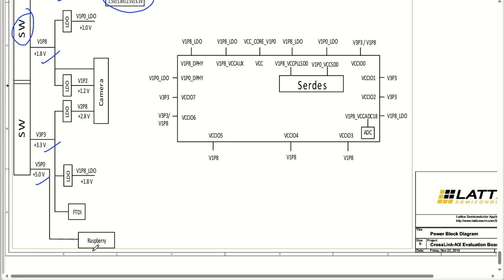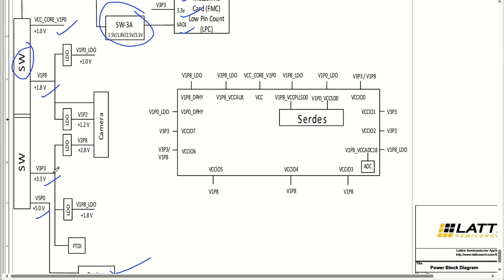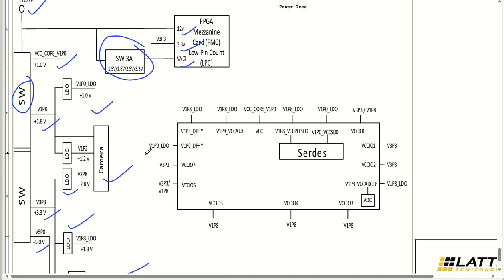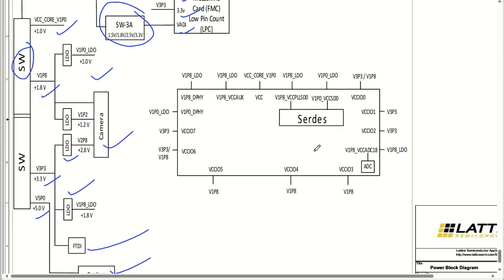This 5 volt is being served for Raspberry Pi as well, and this 3.3 volt is going to go to your FTDI, then your LDOs to generate 1.8 volt, one more LDO to generate your 2.8 and 1.2 for camera voltage levels, and this 1.8 is going to generate 1 volt for your ADC 1 volt application.